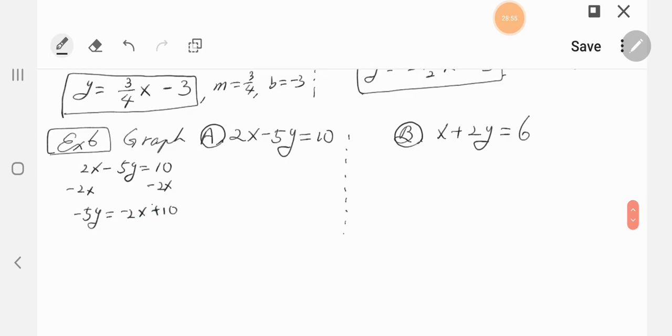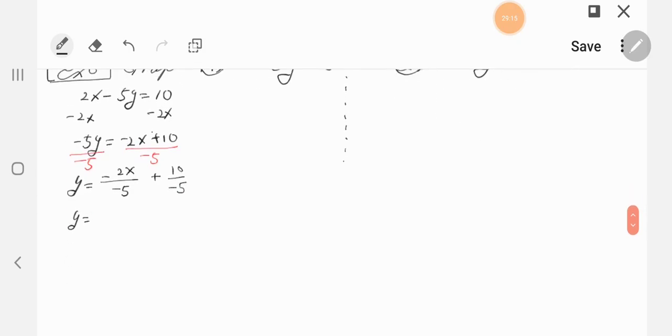And divide each side by negative 5. So y equals negative 2x over negative 5 plus 10 over negative 5. And then y equals negative negative positive, so 2 over 5 times x.